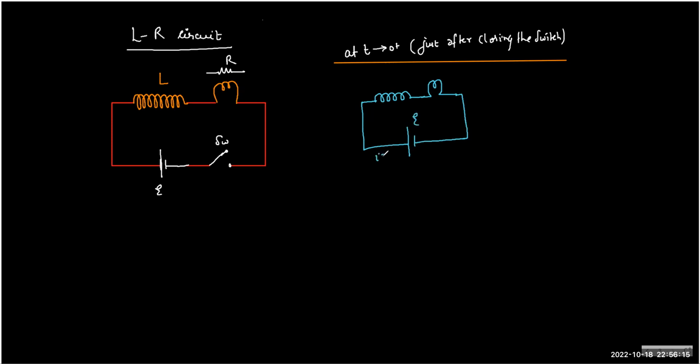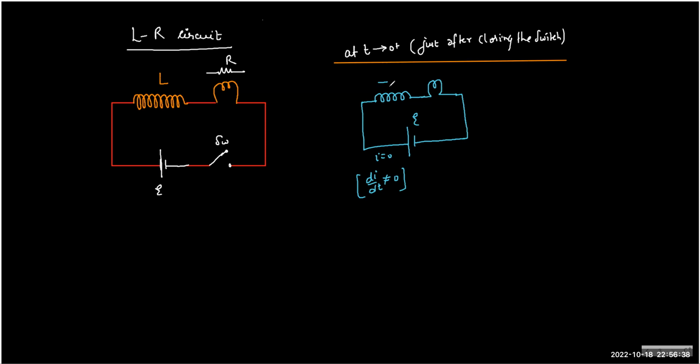So although current is 0, it does not mean that di by dt is 0. Di by dt is non-zero. Why? Because current is going to change. So at the very next instant, we will have some current. So di by dt is non-zero, and therefore an inductor will always oppose the change.